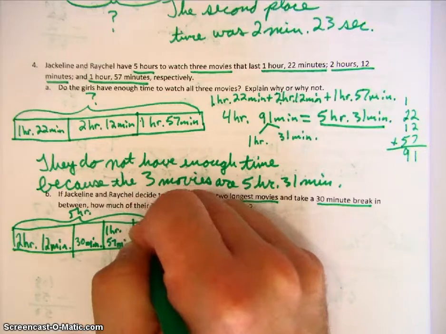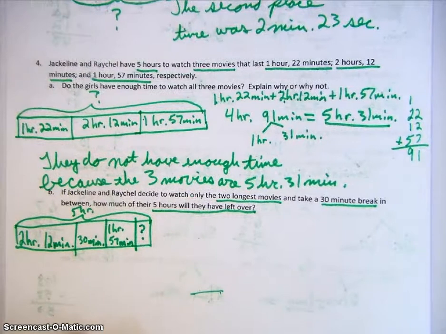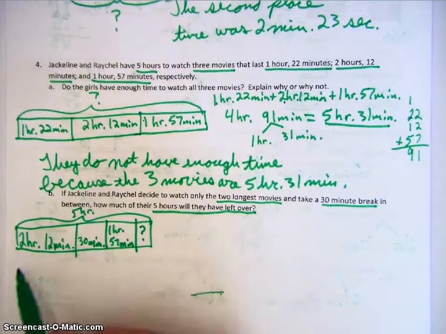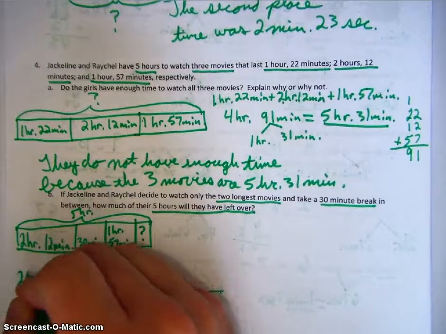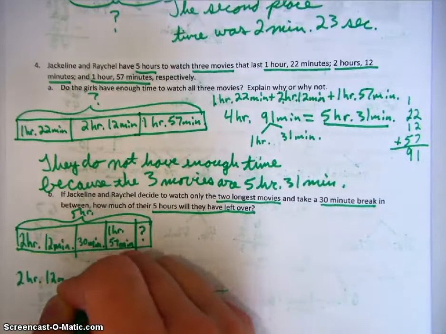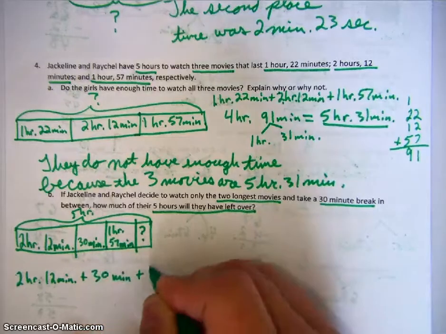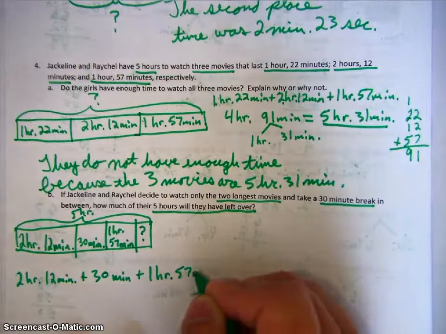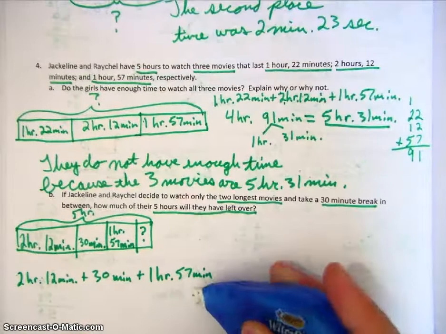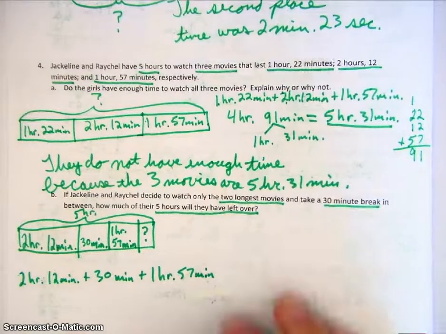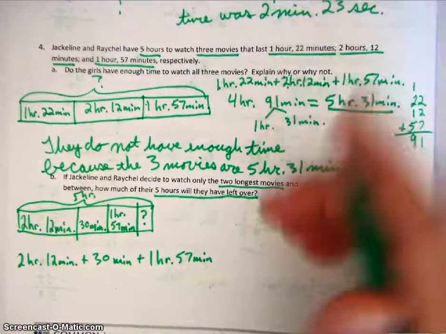And we're trying to find out how much time they have left over. So the first thing we need to do here is find out how much time they've used up between their break and the 2 movies. So we're going to take our 2 hours, 12 minutes, plus 30 minutes, plus 1 hour, 57 minutes. Let's find out that length. So again, let's add up our minutes.